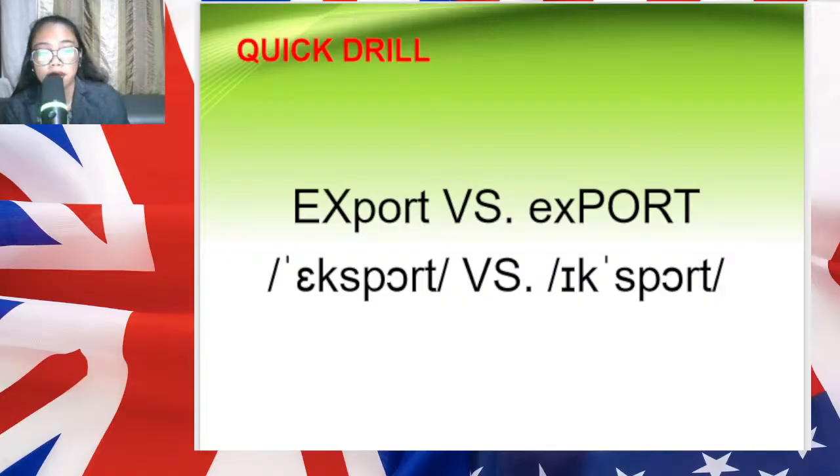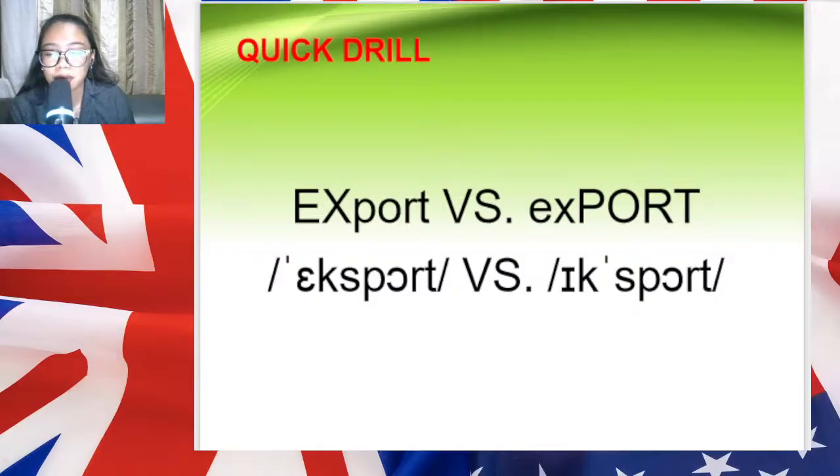Again, export, export. So just like the others that we've practiced, this word changes its meaning and function depending on where you place the stress. Export versus export. When we're talking about a product or maybe an item being sent to another country, which version do you think I am referring to?